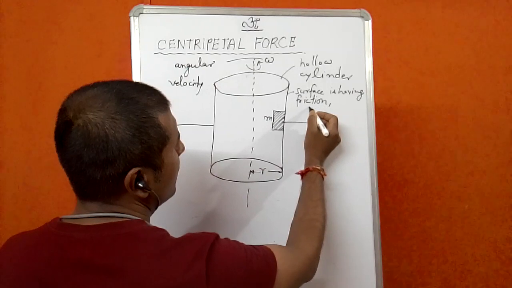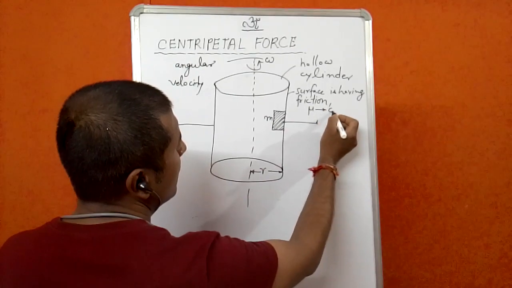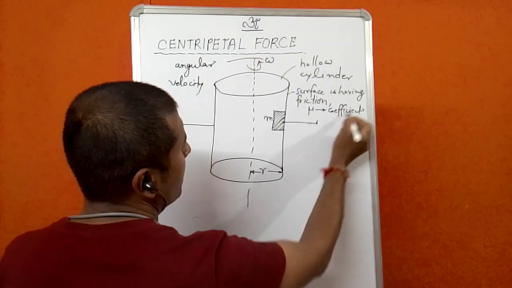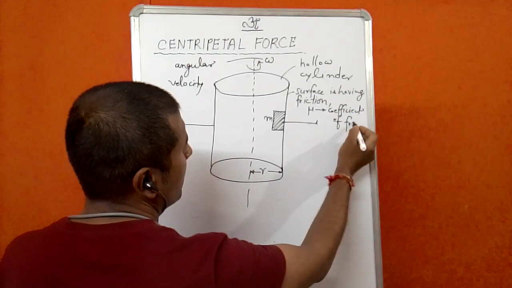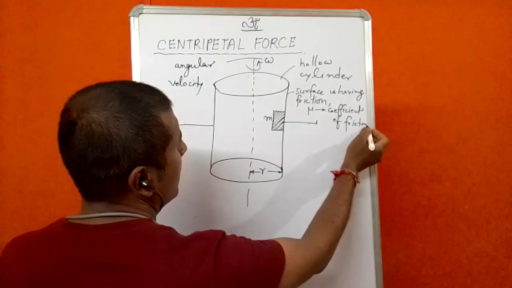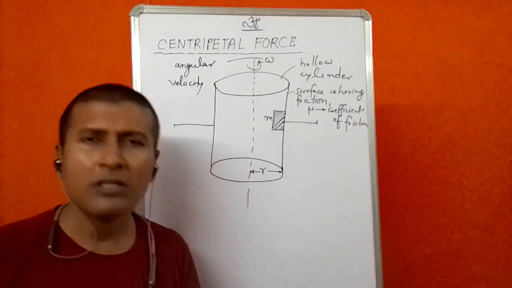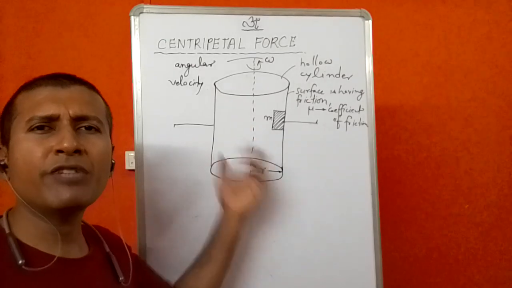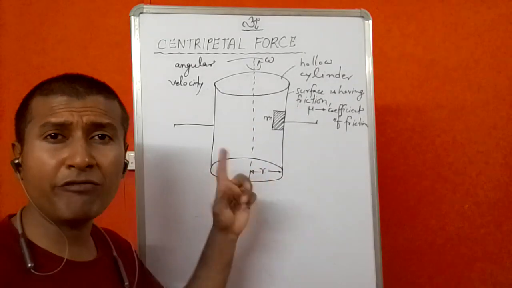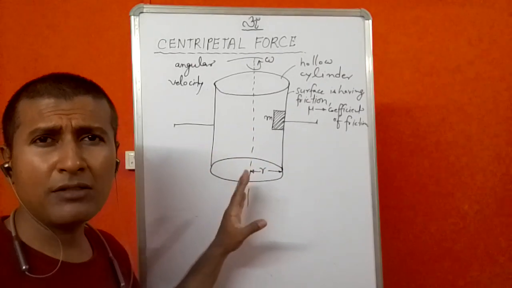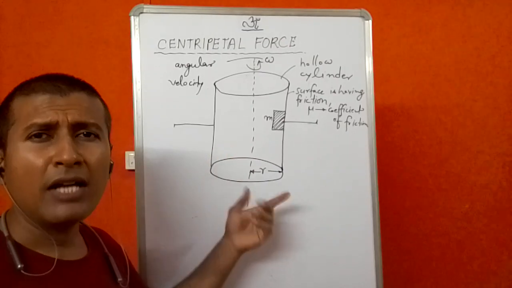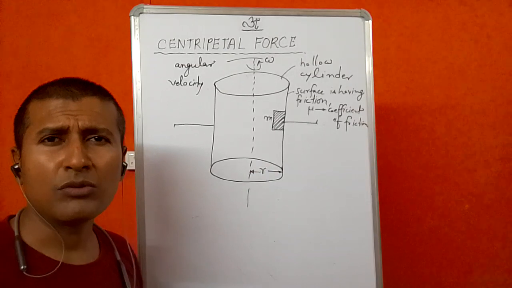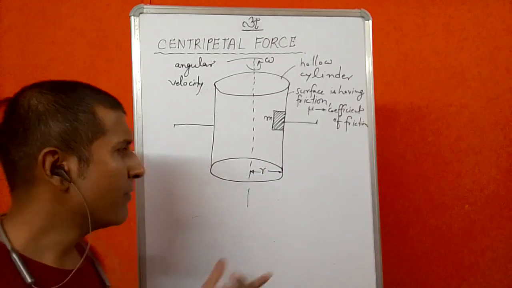And mu is the coefficient of friction. Getting my point? This surface of the cylinder is having friction, means this is not a frictionless surface, right? And the coefficient of friction has been given as mu, correct? This point is clear?